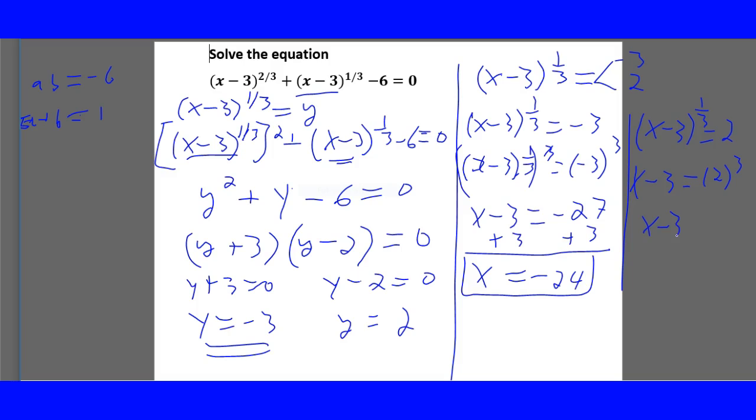Again, we raise both sides to 3 because of that denominator. If it was 2, we would raise both sides to 2. If it was 4, we would raise both sides to 4. I hope you got the idea there. So 2 to the power 3 is 8, plus 3 on both sides, and I got x equal to 11.